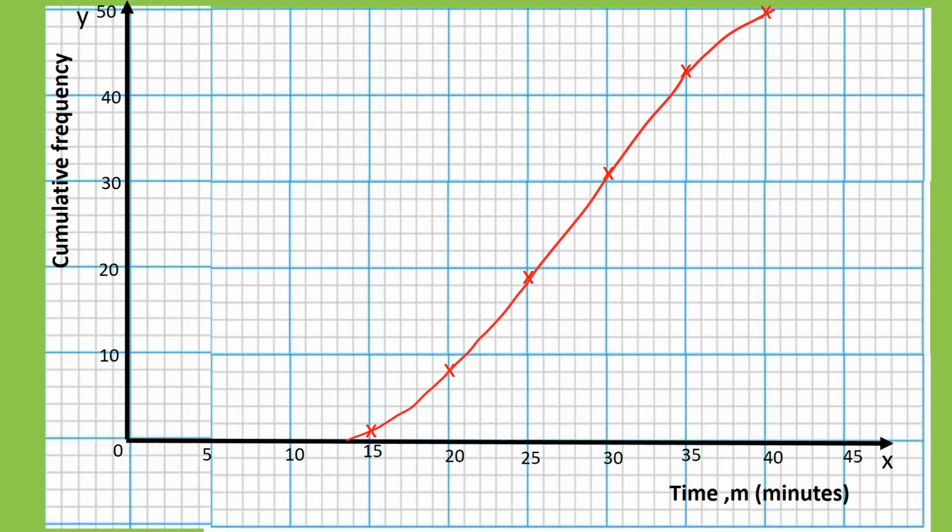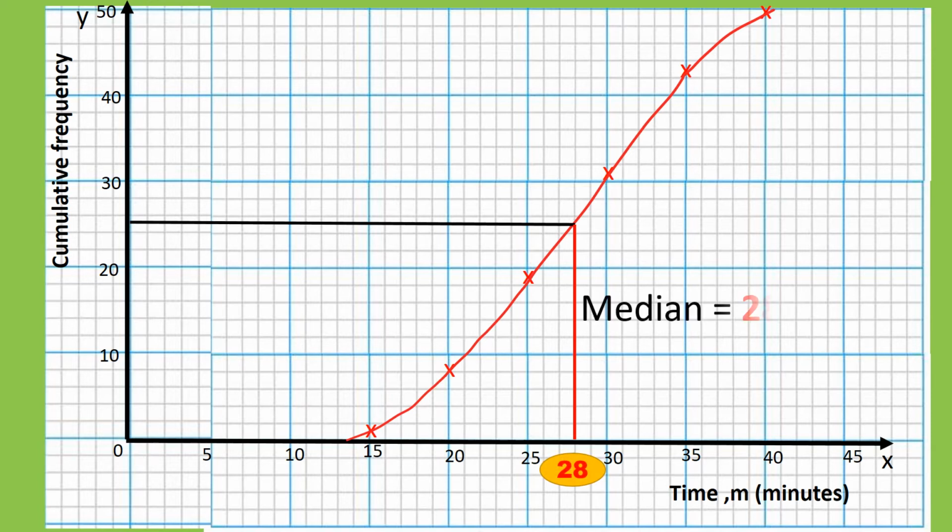Back to our graph, we need to identify the position of 25 on the y-axis, then draw a horizontal line until it touches the curve, then drop downwards to the x-axis, and then we read that value, which is 28, and then we can declare that our median is 28 minutes.